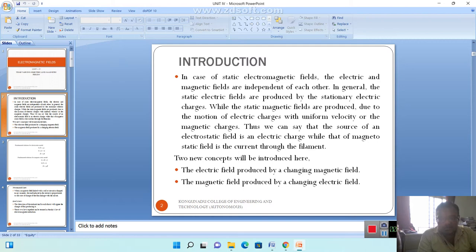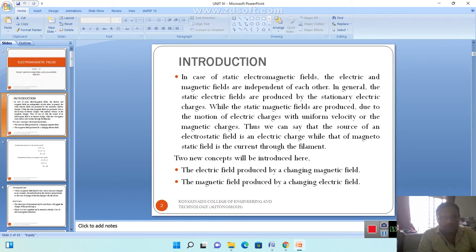In general, static electric fields are produced by stationary electric charges, while static magnetic fields are produced by the motion of electric charges with uniform velocity. Thus, the source of an electrostatic field is electric charge, while that of a magnetostatic field is current through filaments.